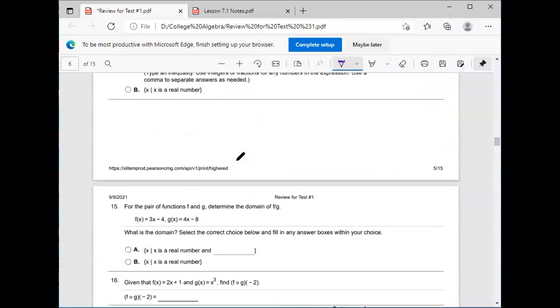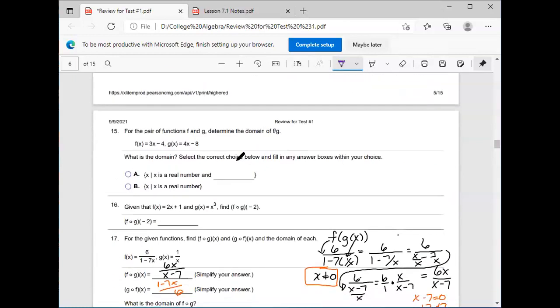If you are dividing, we've got a whole new ball game, because when you divide, we can now have fractions. So if you do f of x over g of x, which is what this is saying, our new function, since here's f of x and g of x, would be 3x minus 4 over 4x minus 8.